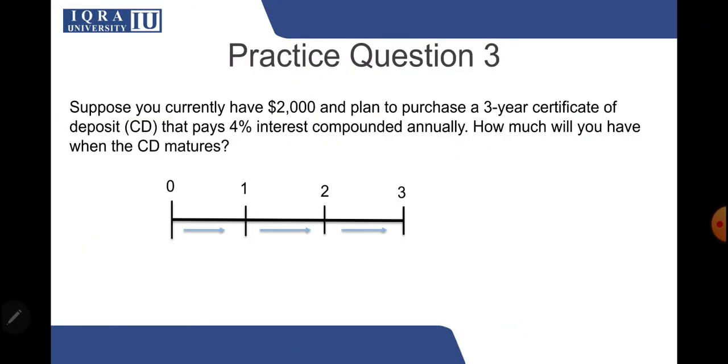Now moving ahead, suppose you currently have 2,000 and plan to purchase a 3-year certificate of deposit that pays 4% interest compounded annually. How much will you have when the CD matures?